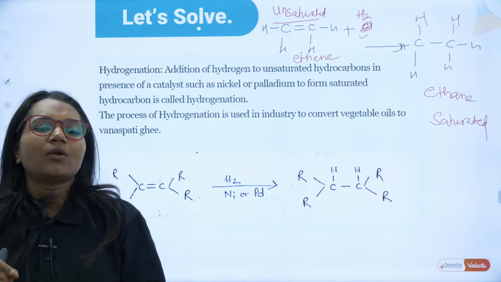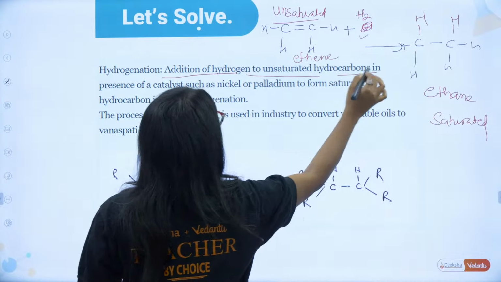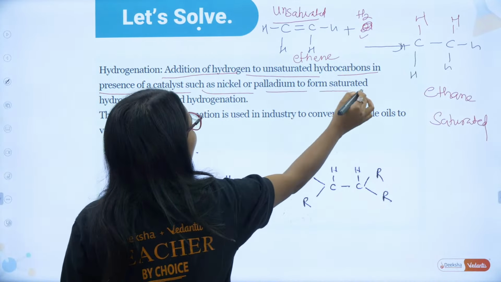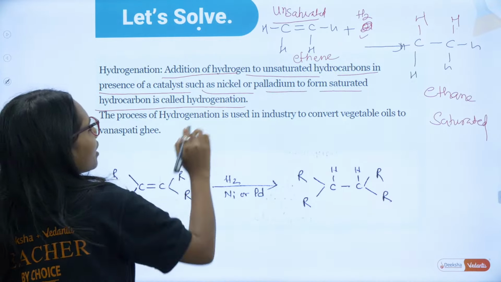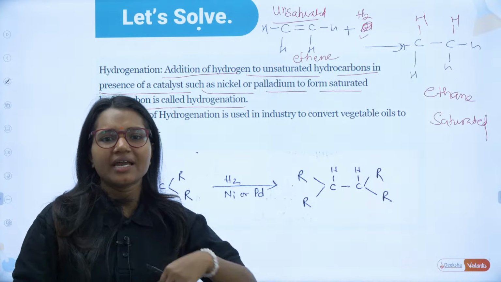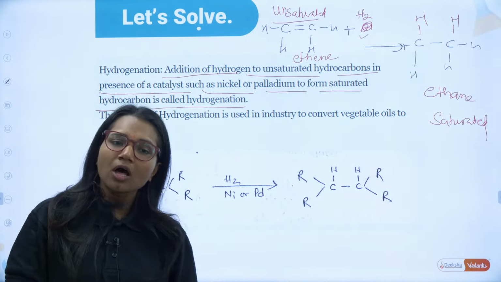That is called hydrogenation. Addition of hydrogen to unsaturated hydrocarbon in the presence of catalyst such as nickel, palladium to form saturated hydrocarbon is called hydrogenation. Correct? Addition of hydrogen is hydrogenation. Addition of water is hydration. Addition of solvent is solvation.